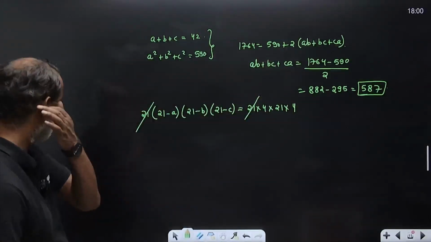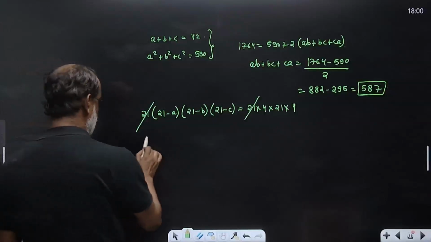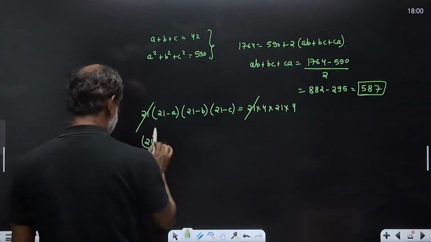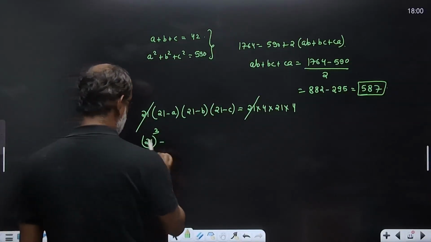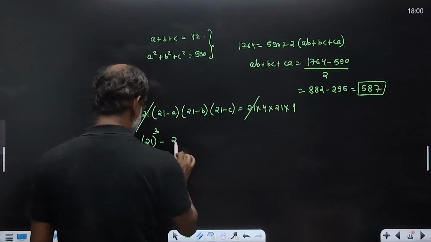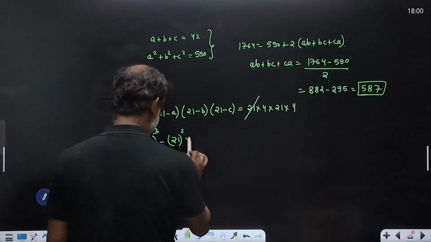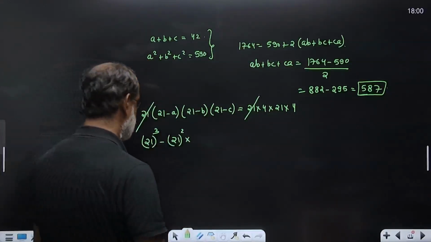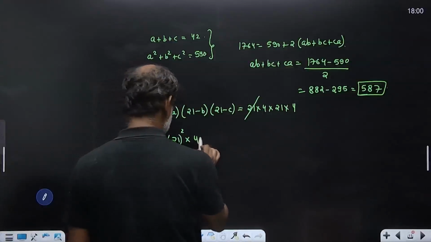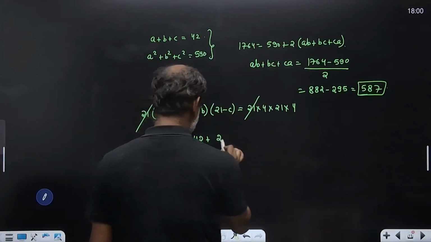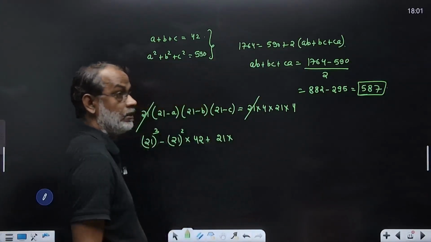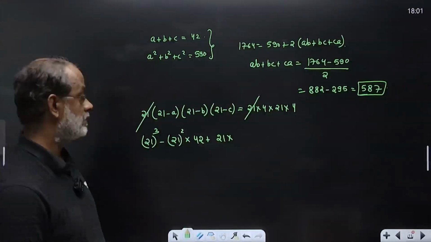Okay. So you get 21 cube minus 21 square into a plus b plus c, which is 42, plus 21 into ab plus bc plus ca.